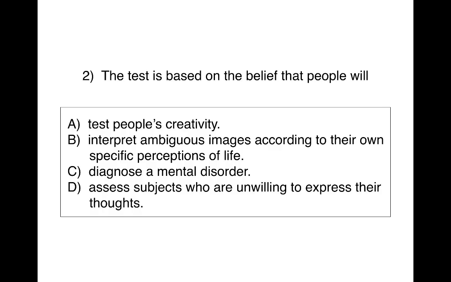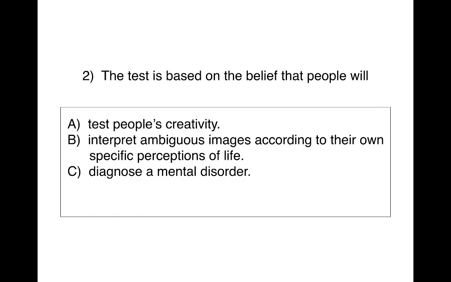Well, we've already used D, so we can get rid of that. We've only got 3 choices left. Was it about creativity? A. No. Was it about interpreting ambiguous images according to their own specific perceptions of life? Maybe. Was it about C, a mental disorder? I would say no, so we'll have to go with B.